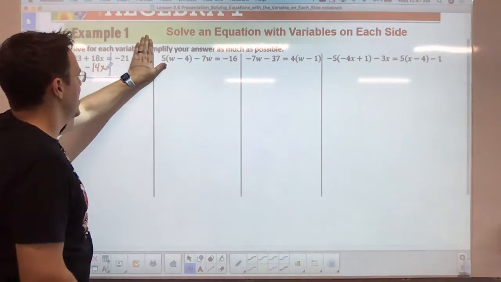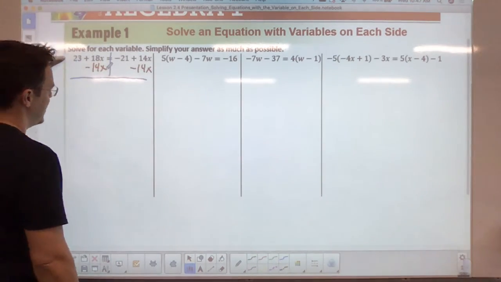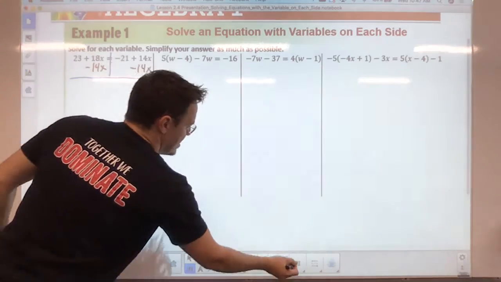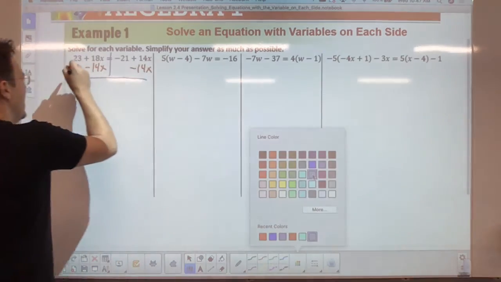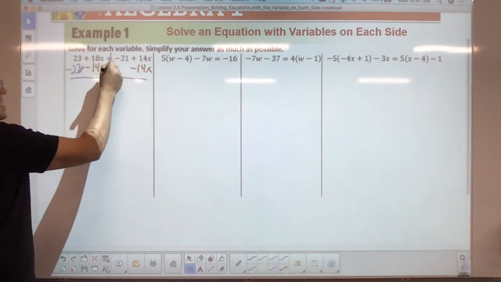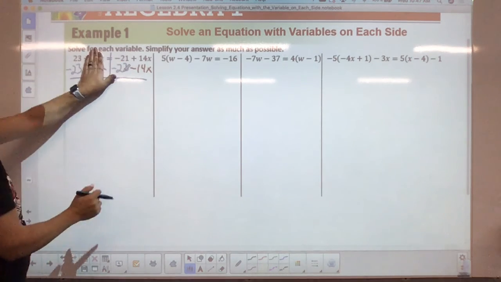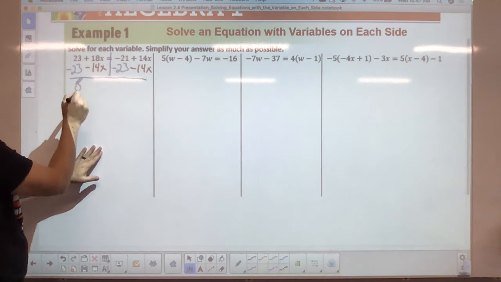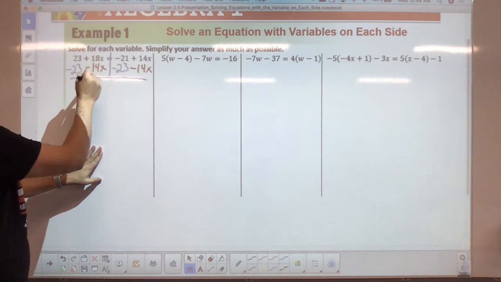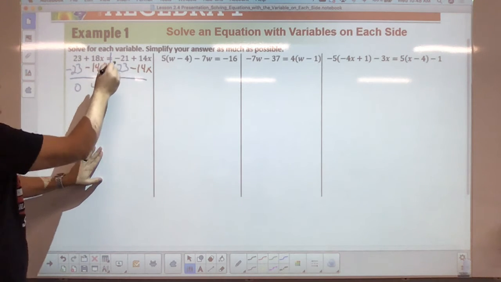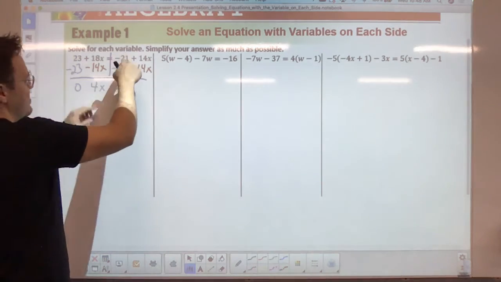Now, if I'm moving the variable over here, that means I got to move the number over there. Okay, so make sure you guys understand why I am doing it, because let's do the math problem once I set it up like this, right? First column here, 23 minus 23 would be 0. Then 18 minus 14 is 4x equals, and then you have your setup, right?